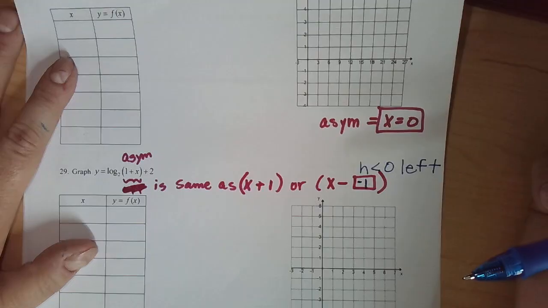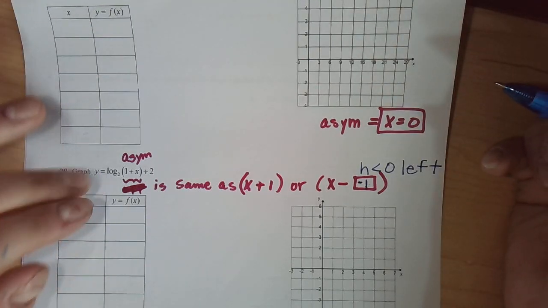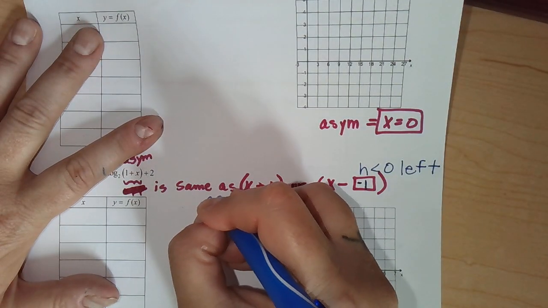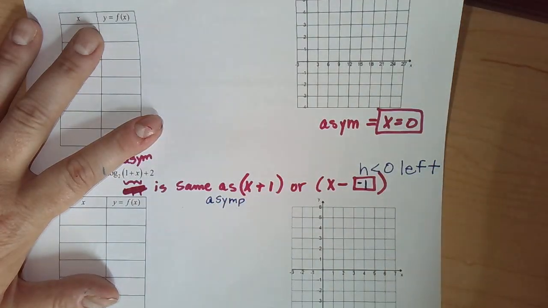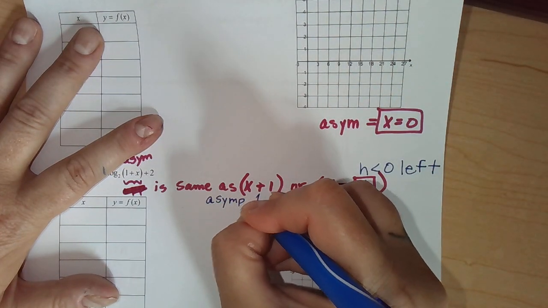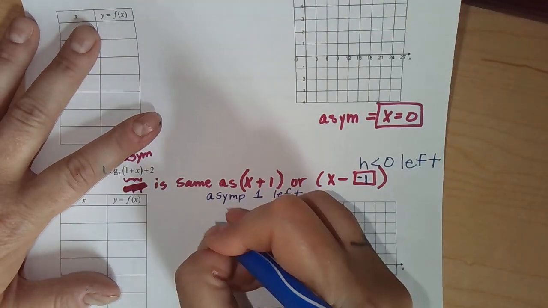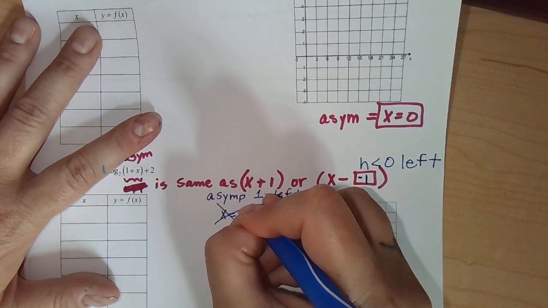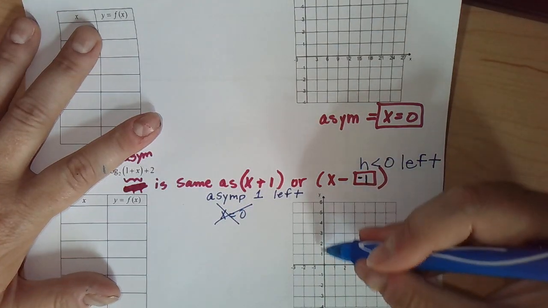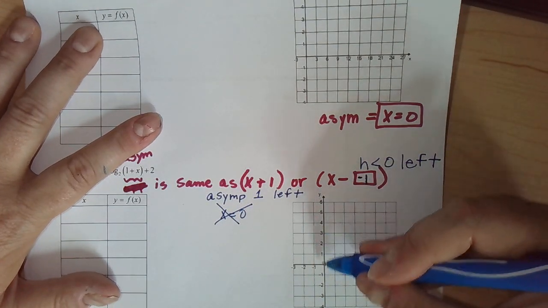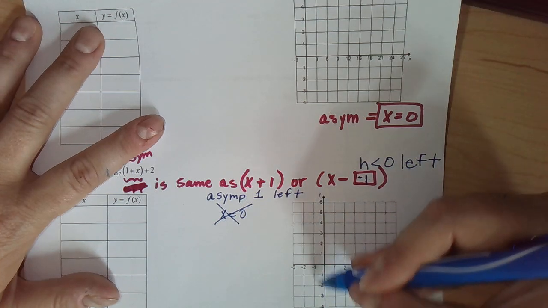Yeah. So that means my asymptote is going to go 1 to the left. So instead of x equals 0, right up in the middle, we're going to shift it over left.